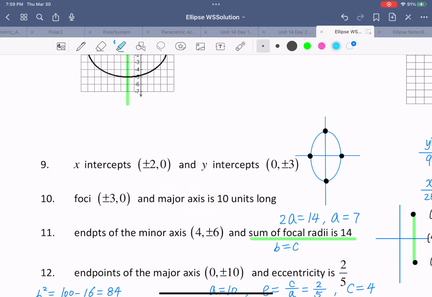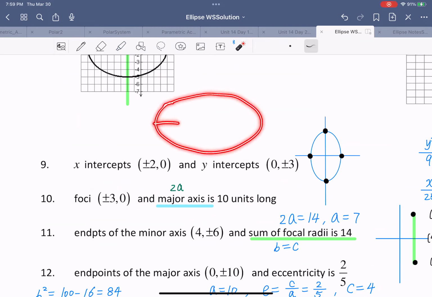Every student, please pay attention. Major axis length stands for 2a. Thus, if you have the ellipse, the major axis length, this is a, this is a, so total is 2a. So when you see this is 10, you say, okay, your 2a is 10.